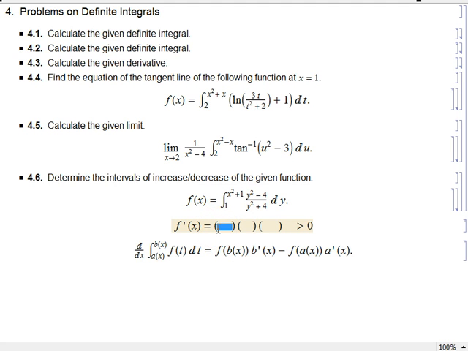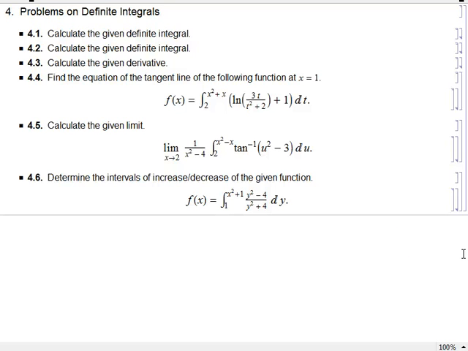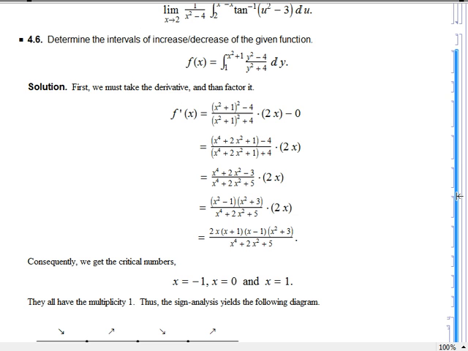That means you have this factor, that factor, and that factor, and then you're going to get zeros. And those zeros are critical points. And then you have to do some sign analysis on each interval. So the starting point is taking the derivative, and the next point is factoring it. Let's remember that, and let's go ahead and do that.